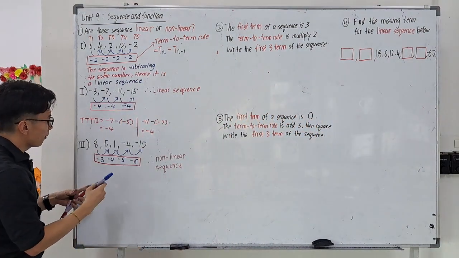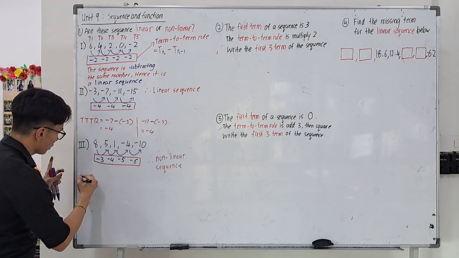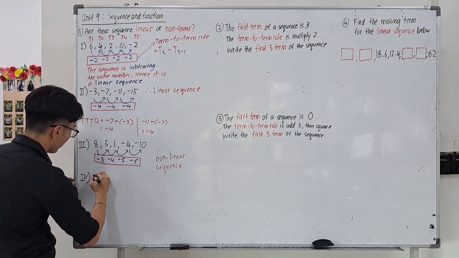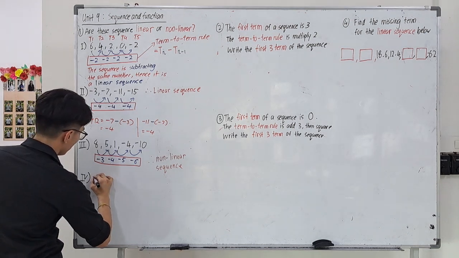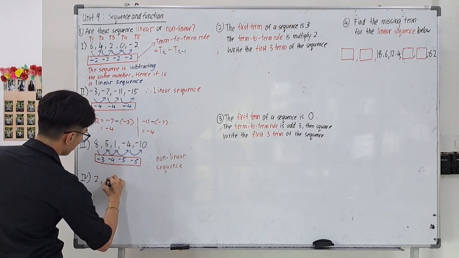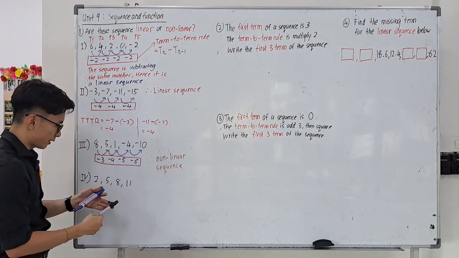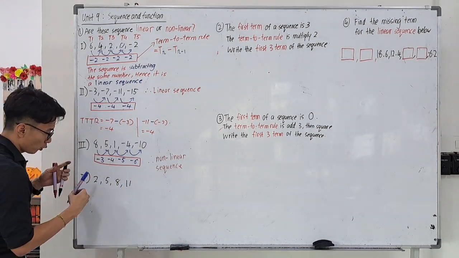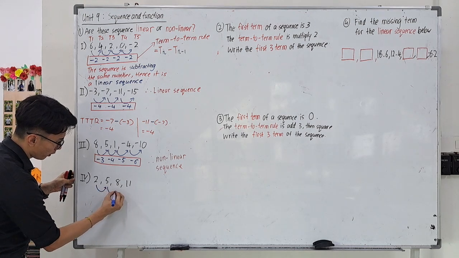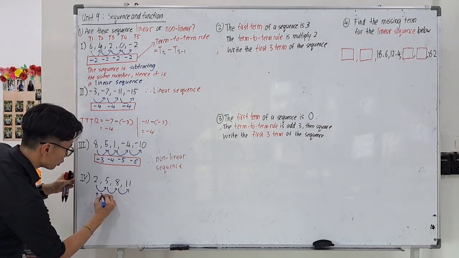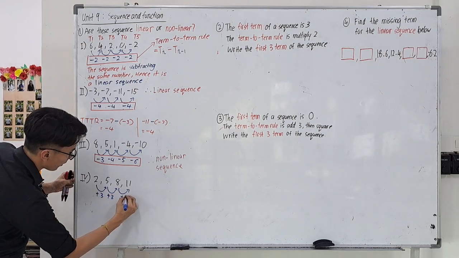So just to show you one positive example, I'm just gonna do this very quickly. So let's just say I have 2. Okay. Let's just say I have this type of number. So you can see the term-to-term rule over here is always going to be +3, +3, and +3, right?